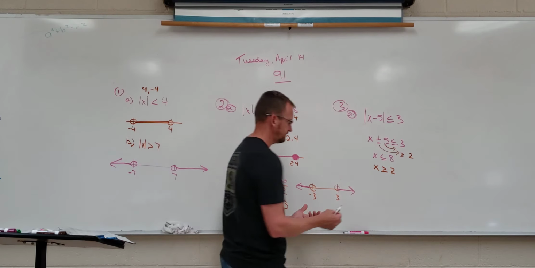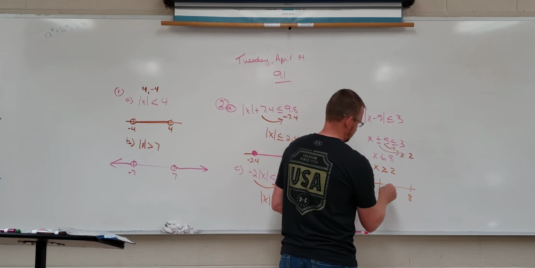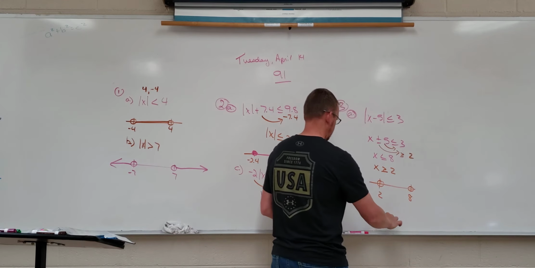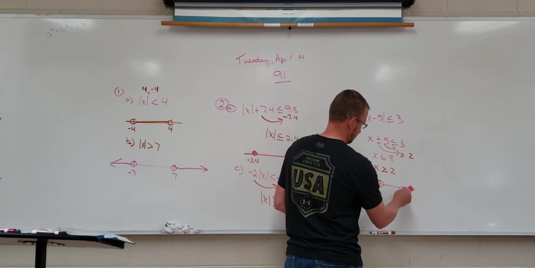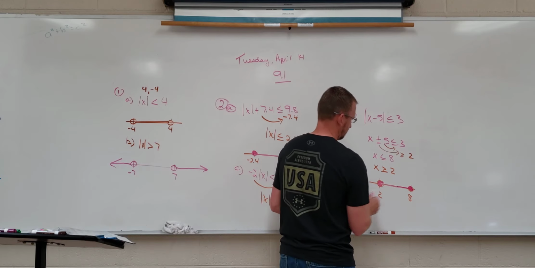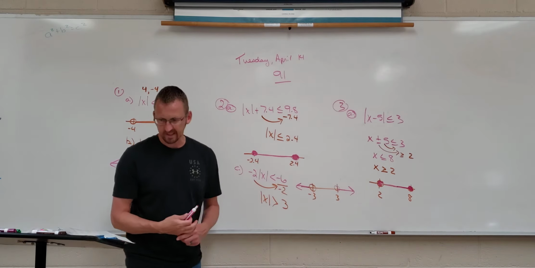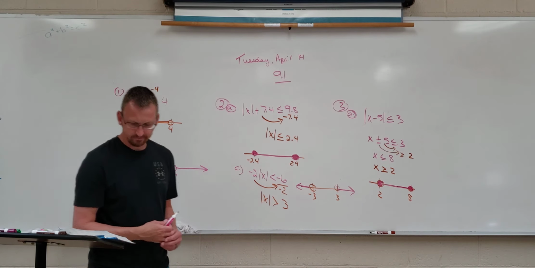So to graph that, simple. 2, 8, it is less than or equal to 8, which means it's coming this direction. It is greater than or equal to 2, which means it's going that direction, so they will connect. Okay? So B.